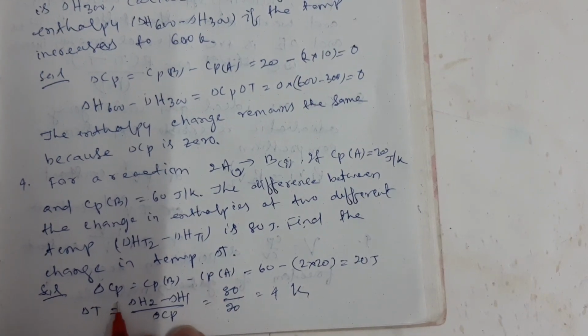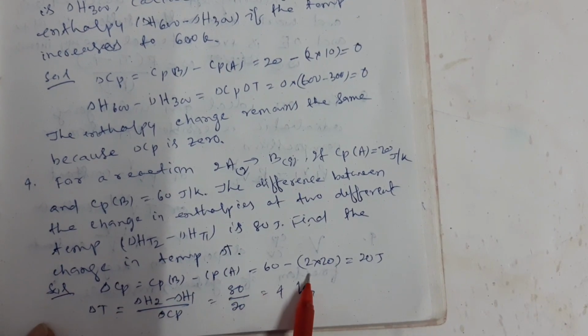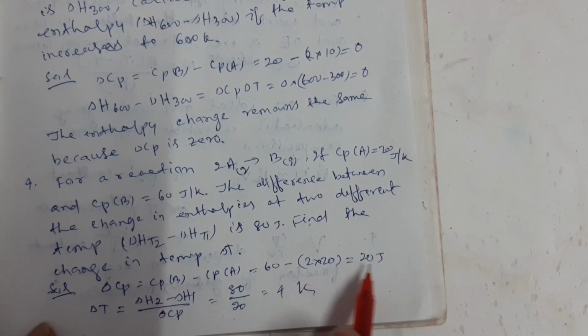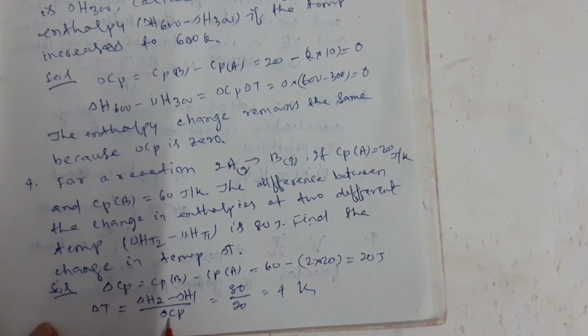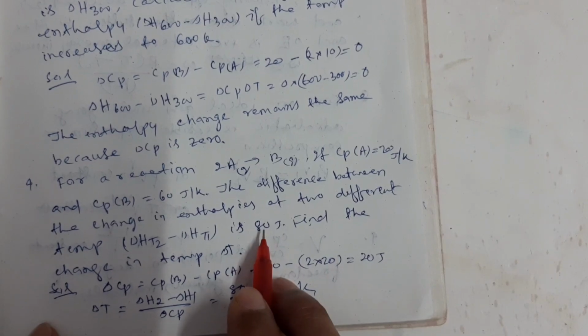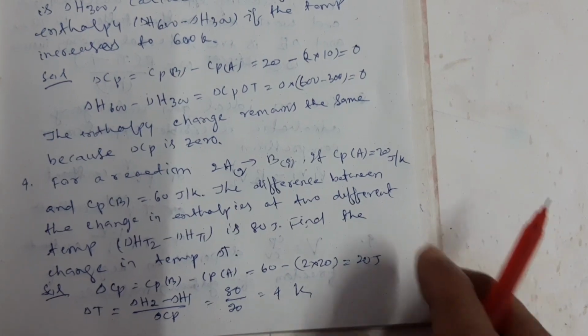So ΔCp is equal to CpB minus 2 times CpA, 60 minus 2 multiplied by 20, this is 20 joule. So ΔT is equal to (ΔH2 − ΔH1) / ΔCp. Given 80 and this is 20, so you are getting 4. So ΔT is 4 Kelvin.